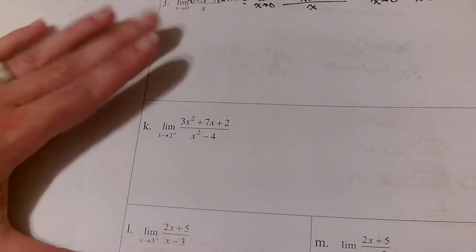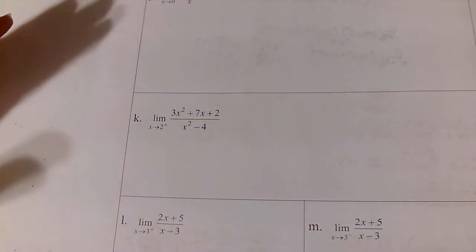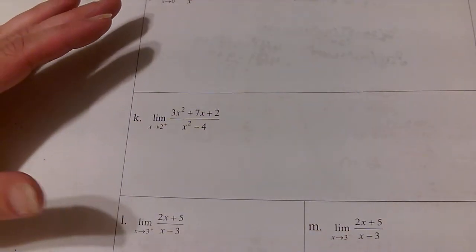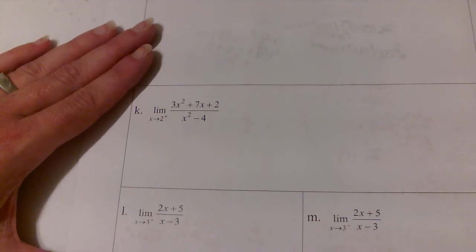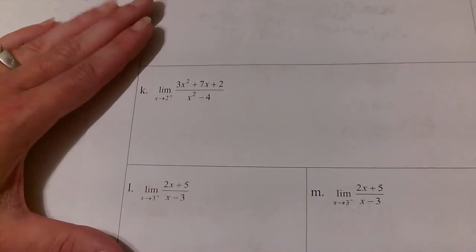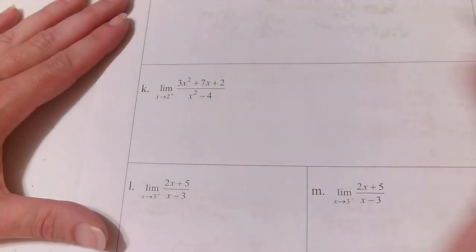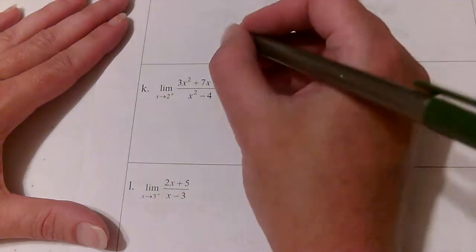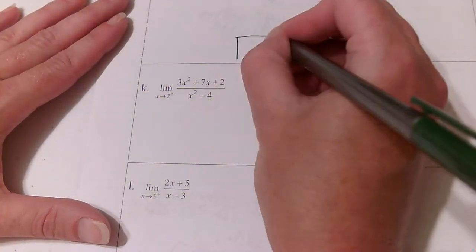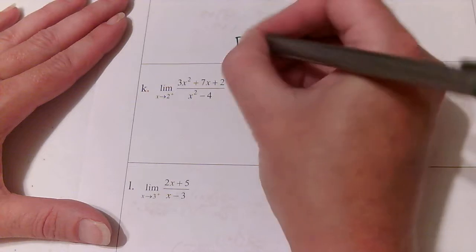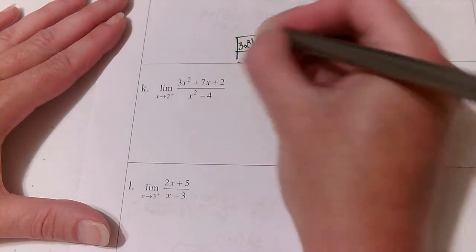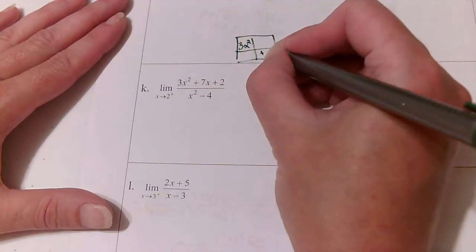Notice the next one's worded a little different. It does say from the right. So we're going to have to take a little bit of time here. Do a little factoring first. Let's see. 3x squared positive 2.